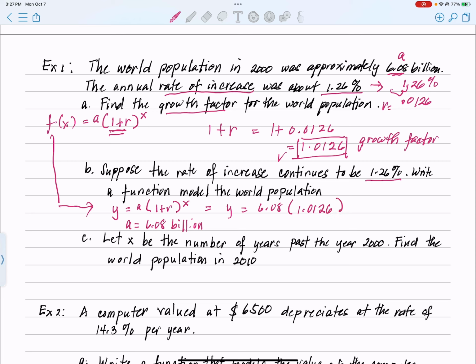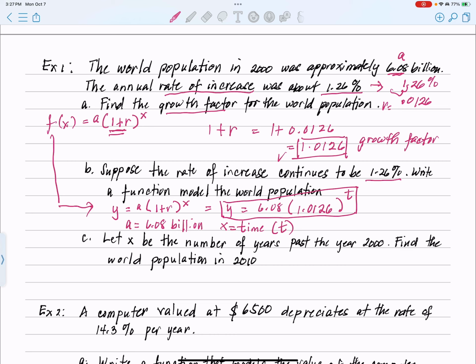And our x is the time, t. This is now the function model.